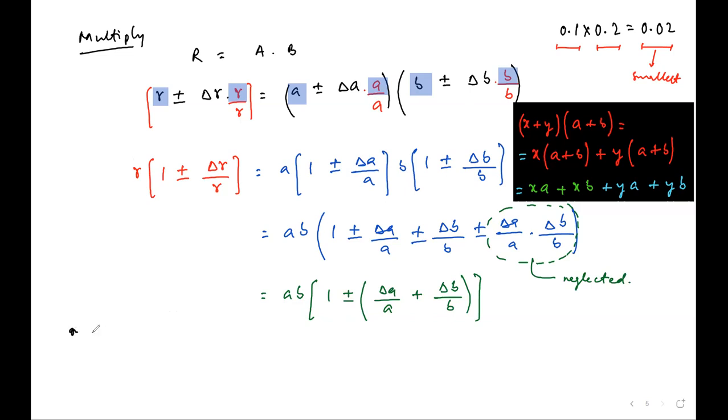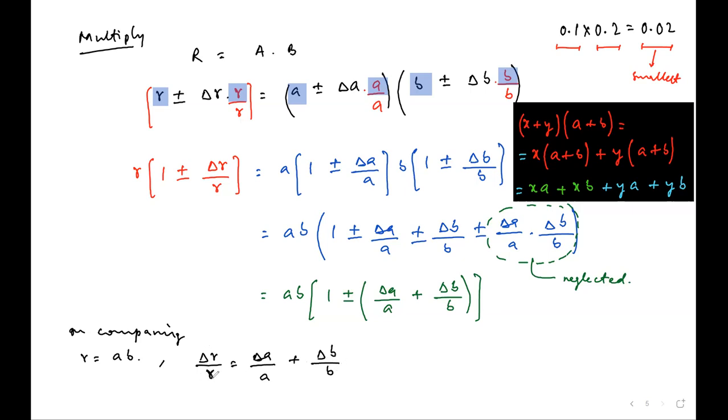So on comparing, r is equal to a multiplied by b, which is the true value of this calculation. After plus minus, we have delta r over r, and after plus minus, we have this part. So delta r over r is equal to delta a by a plus delta b by b.